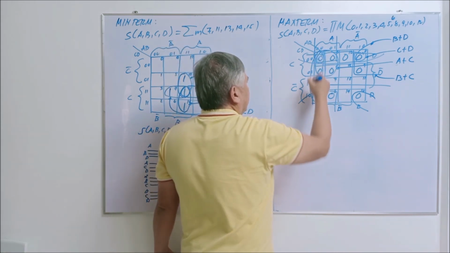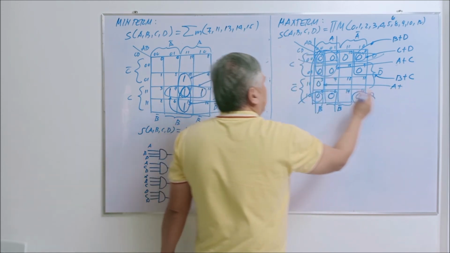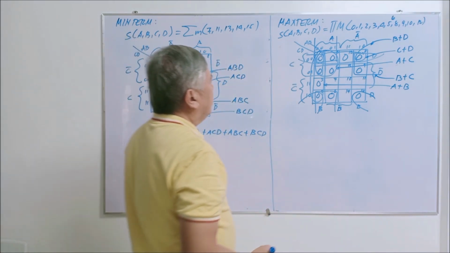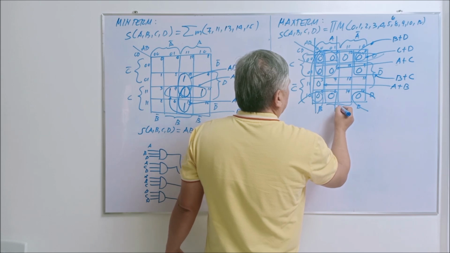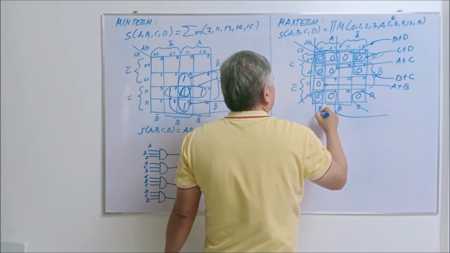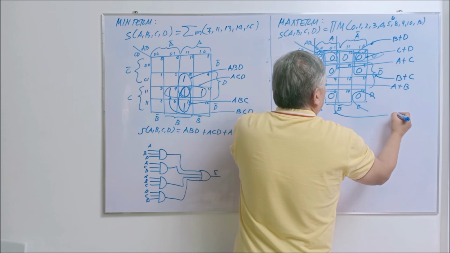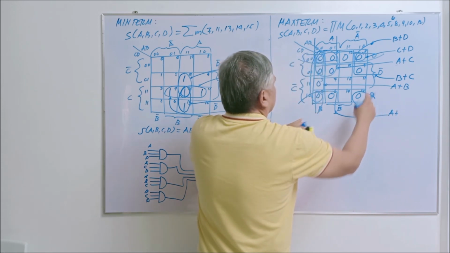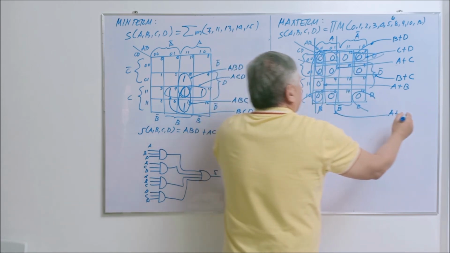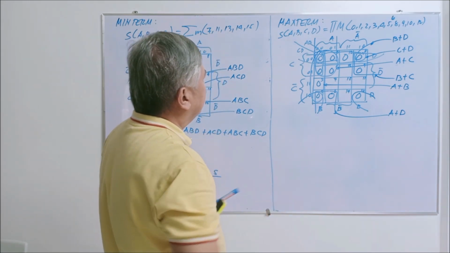So, this is under A plus under B. Okay? And then, the last one will be this one. That is this one here and this one. So, this is under A plus, this one on the side, that is under D. Okay? So, is there nothing left?